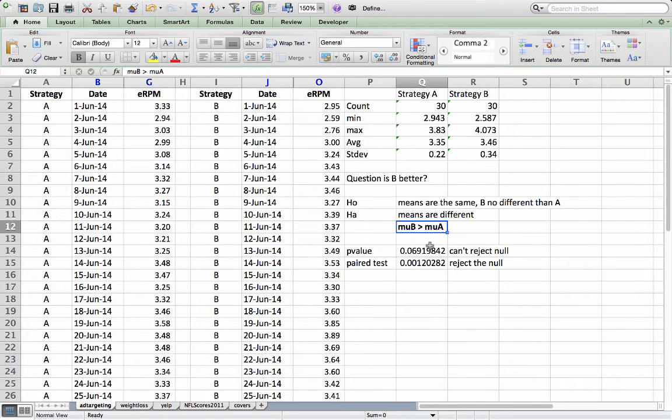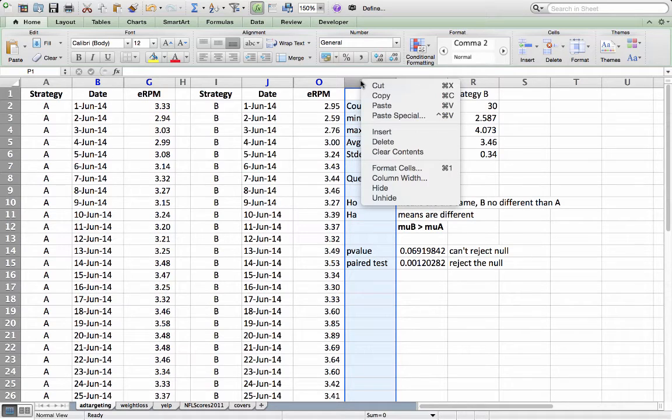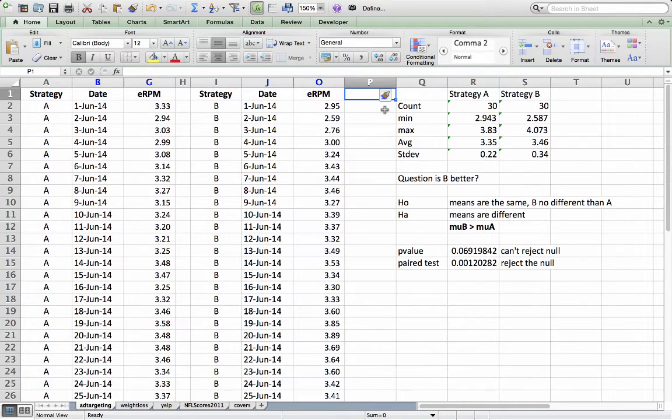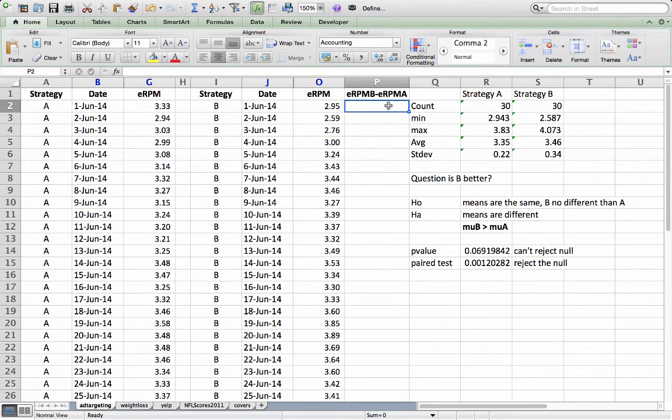Now just for interest's sake, I'm going to insert a column here. And what we're going to do here is E RPM of B minus E RPM of A. Right, so we're really looking at the difference in daily expected revenue.